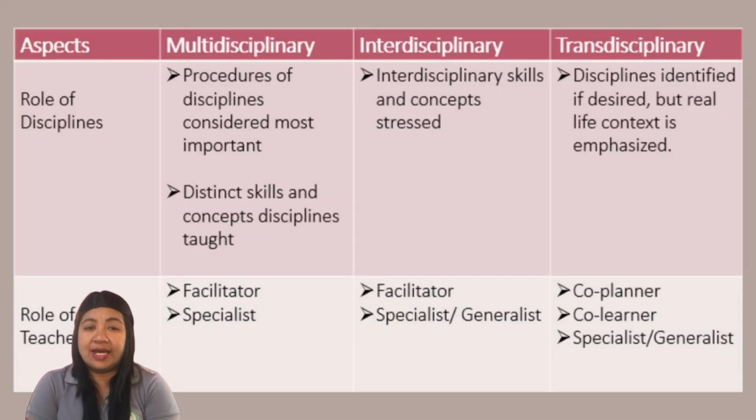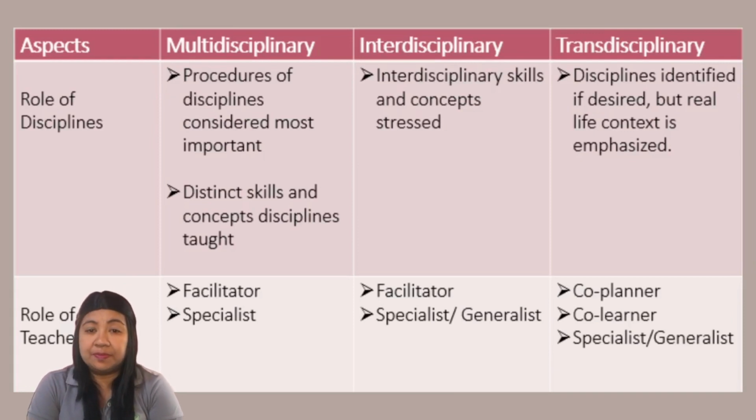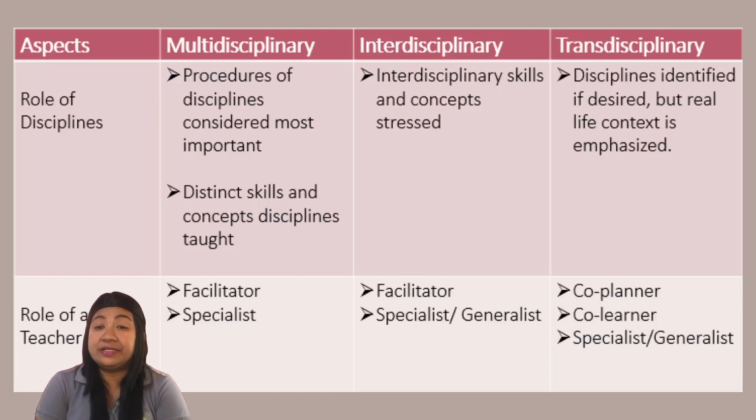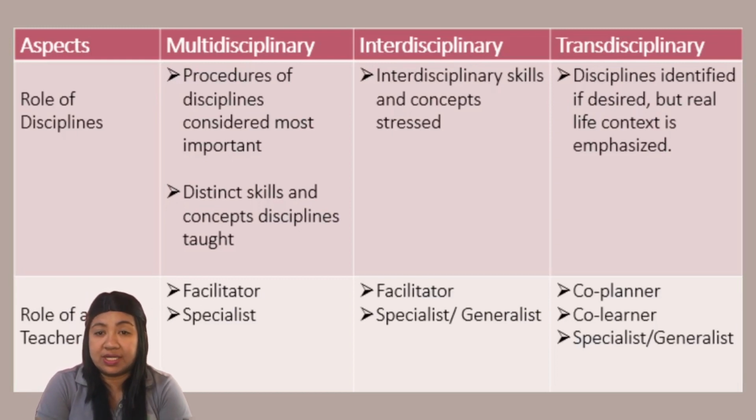For example, in aspects, the role of disciplines. In multidisciplinary, the procedures of disciplines are considered most important, and distinct skills and concepts of disciplines are taught. The role of the teacher is facilitator or specialist. In interdisciplinary, skills and concepts are stressed.